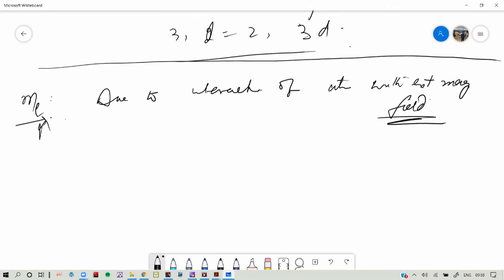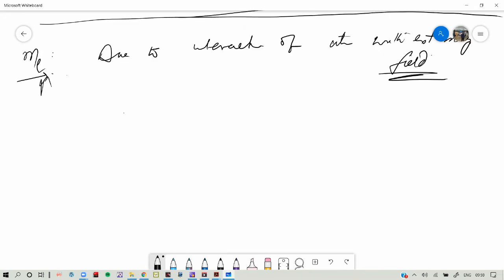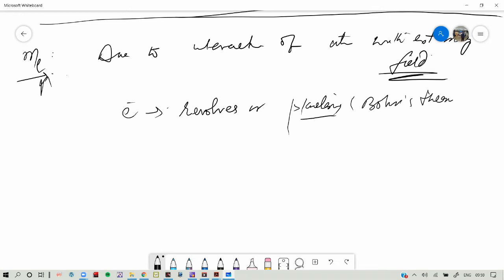And we know that this electron revolves, if we assume Bohr's theory like planetary motion, according to Bohr's theory, it is continuously moving around the nucleus. So when a charged particle moves in this circular path, it becomes actually a dipole when a charged particle moves in a circular orbit.